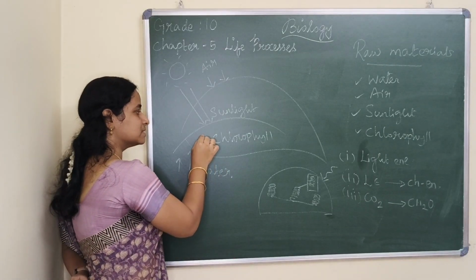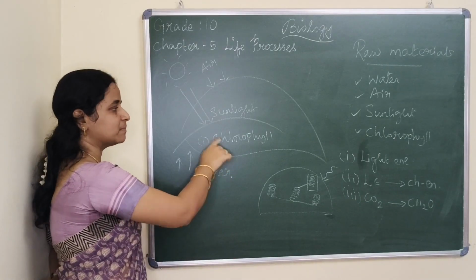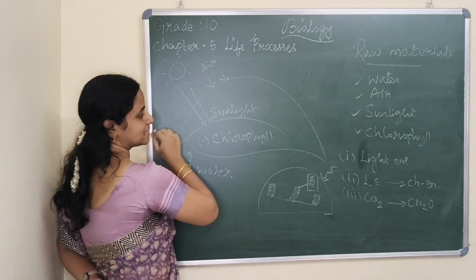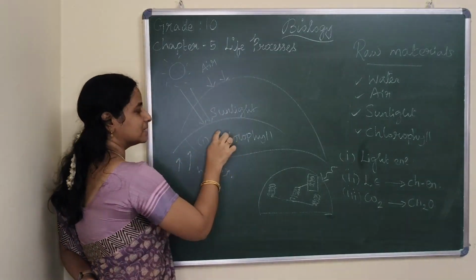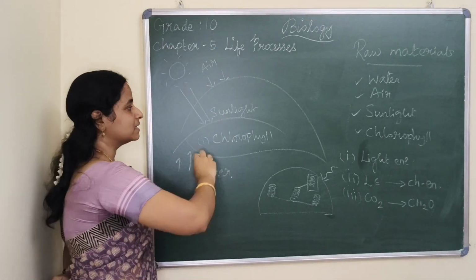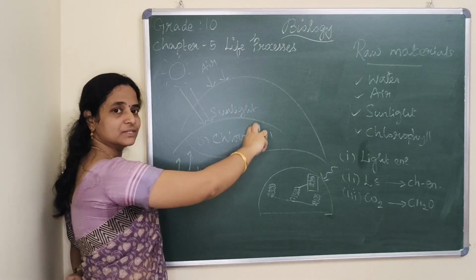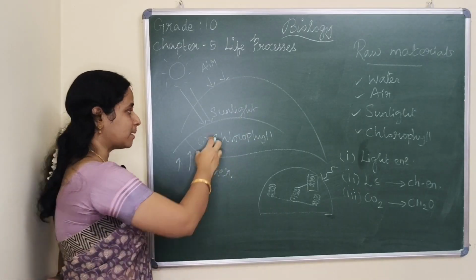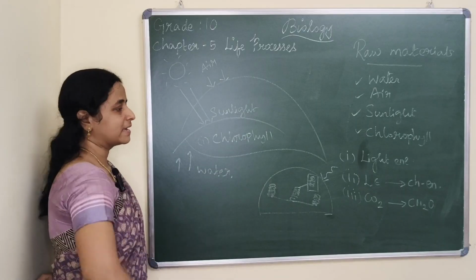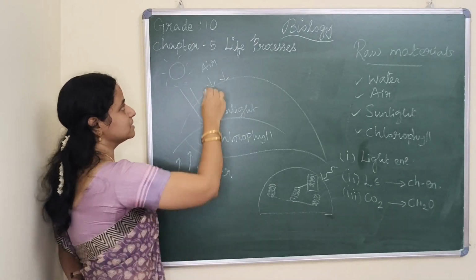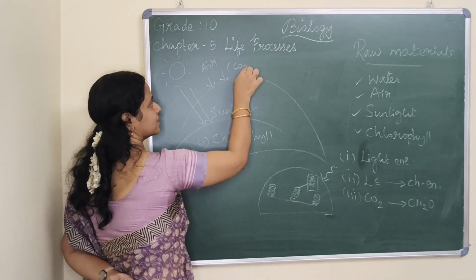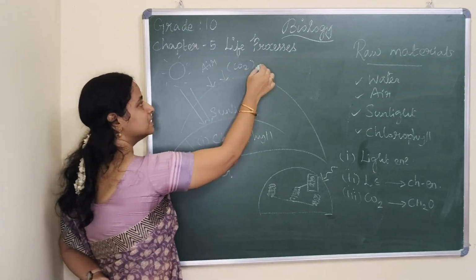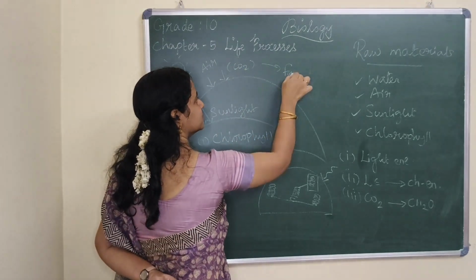So the first process is absorption of light by the chlorophyll. The second step is converting the light energy into chemical energy. Some process is taking place in order to convert the absorbed light into chemical energy. And the third process involves the air. Carbon dioxide turns into the food.